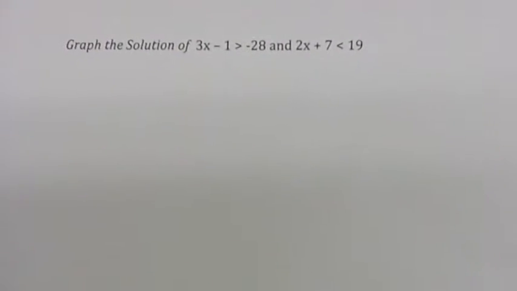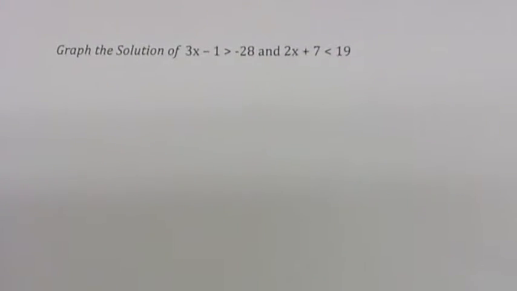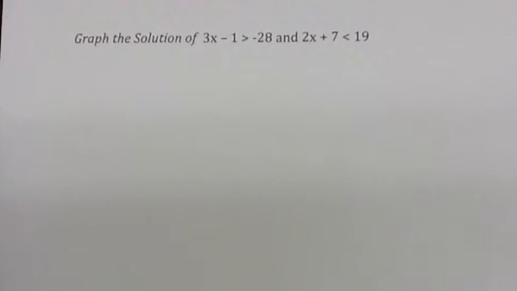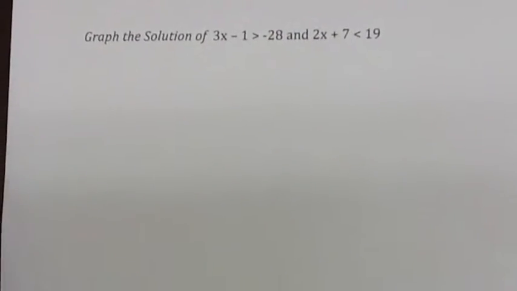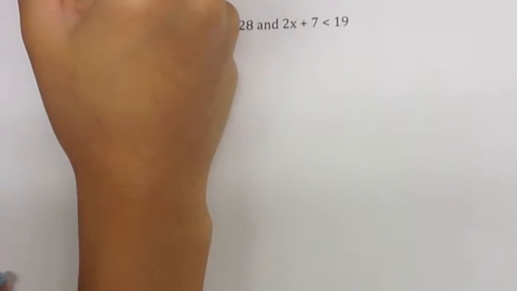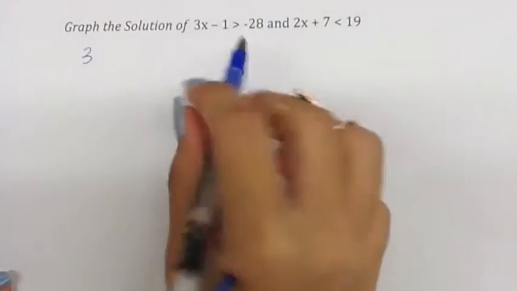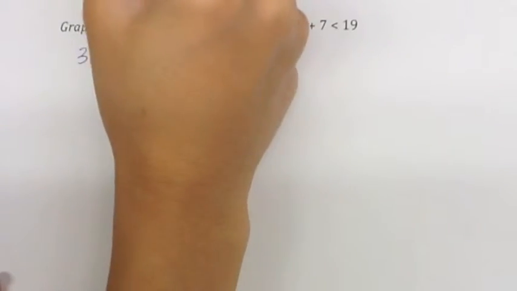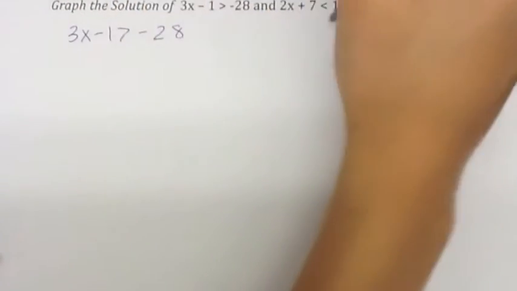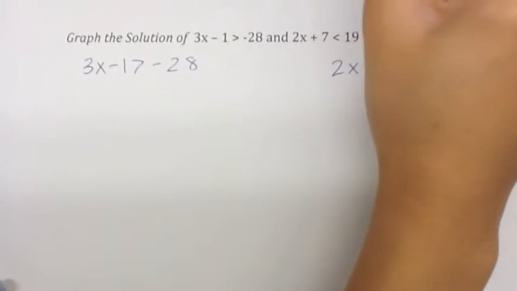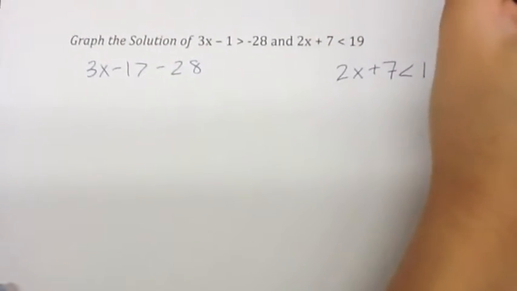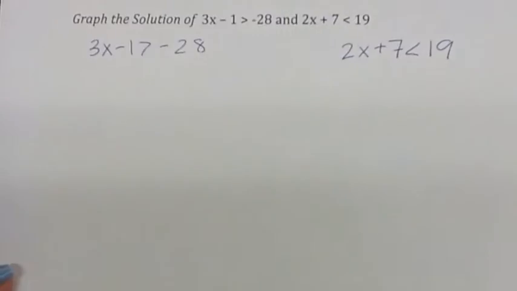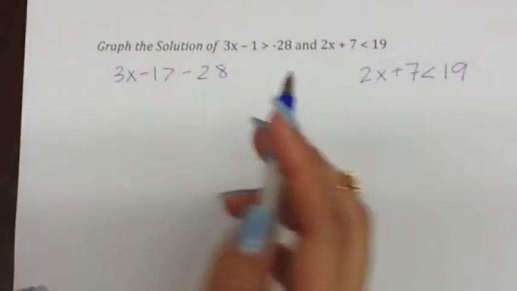Graph the solution of 3x minus 1 is greater than negative 28 and 2x plus 7 is less than 19. So what we want to begin with is writing the problem. And like we did in the beginning, you just want to get the variable by itself.